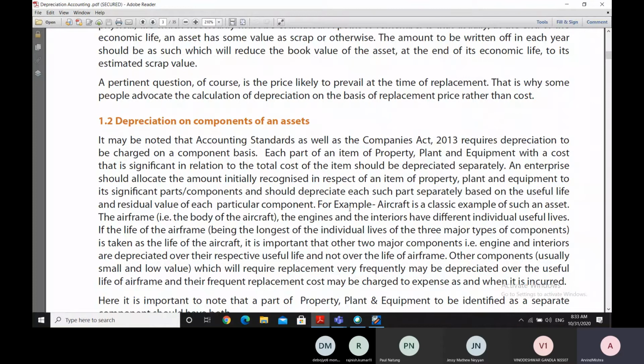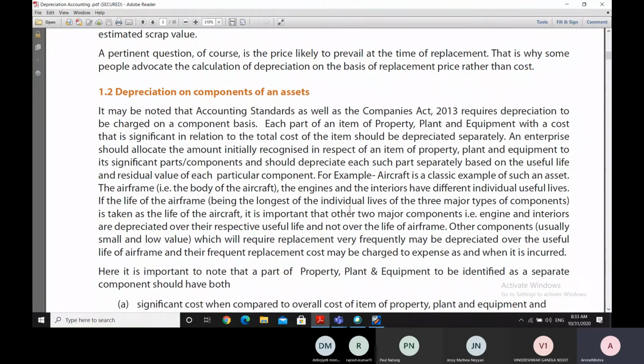Now, an example of this is that the aircraft is a classic example. The body of the aircraft, the engines of the aircraft, and the interiors of the aircraft are all such components. They have different individual useful lives of their own.